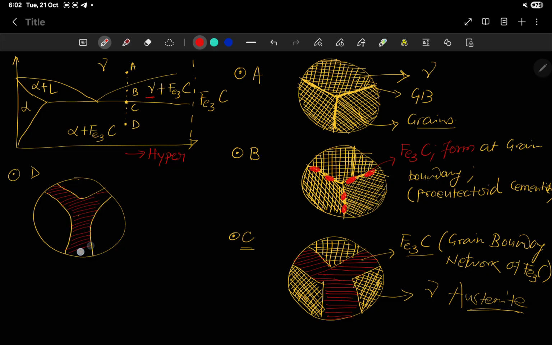This region will grow, this central region of proeutectoid cementite, Fe3C. This is proeutectoid cementite. Just write it in full form in your copy. Proeutectoid cementite, and in the other region we will get alternate lamella.